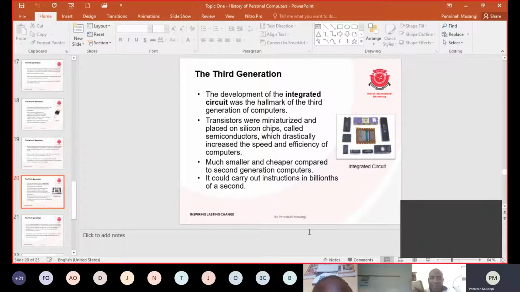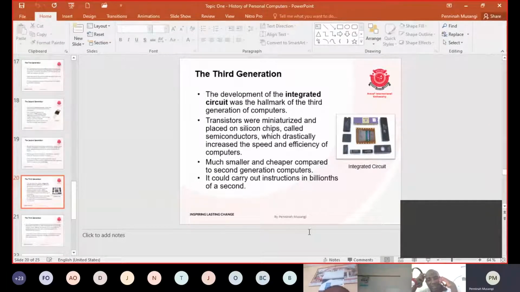So these transistors were miniaturized, and they were placed on silicon chips. When they were placed on the silicon chips, they were called semiconductors. And that is what we call an integrated circuit. Using these increased the speed and efficiency of computers, so the failure rate or the malfunctioning rate reduced. So they became faster and more efficient.